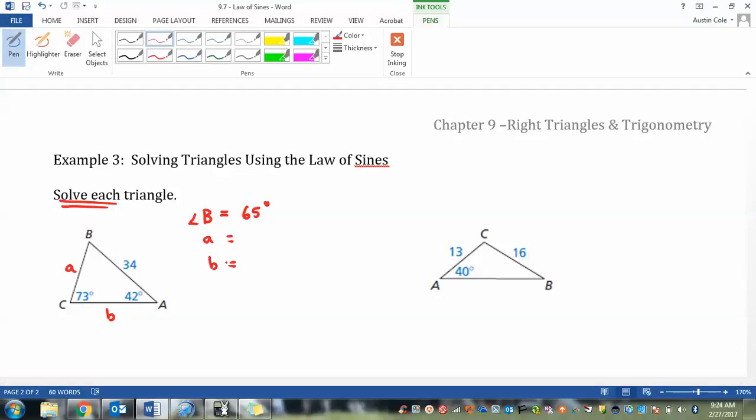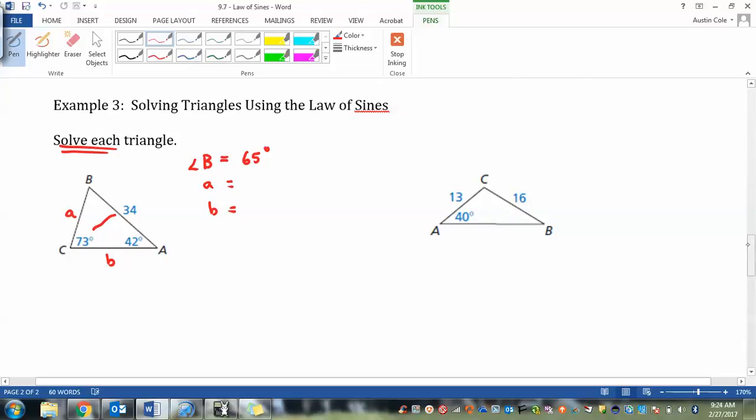We don't have a right triangle, guys, so I can't use SOHCAHTOA, so we're going to use the law of sines. Now, one thing that I always look for is which side and angle do I have? And that'd be these two. That's the one that I have. So it's not a bad idea to sometimes start our proportion that way and say the sine of 73 over 34 equals, well, let's just say I'm trying to find A here.